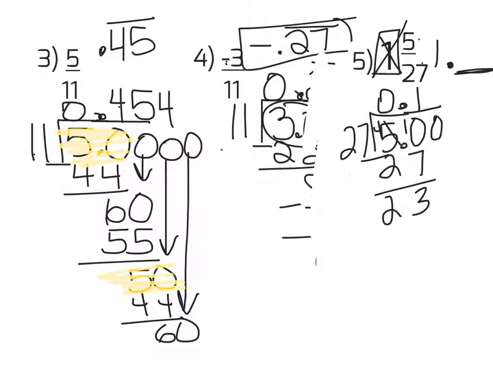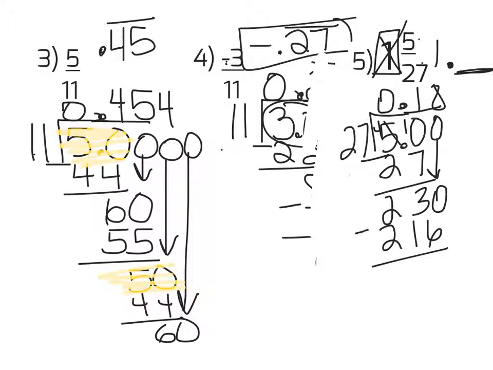Now dropping a 0. 27 goes into 230 8 times. 8 times 27 is 216. So 230 minus 216.